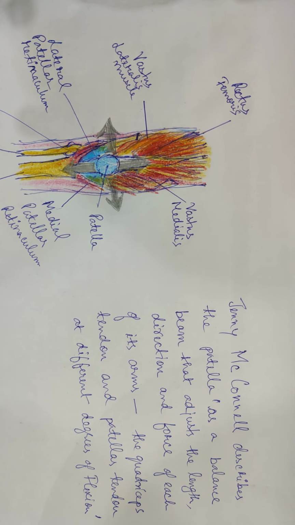Jenny McConnell described the patella as a balance beam that adjusts the length, the direction and force of each of its arms, that is the quadriceps tendon and the patellar tendon, at different degrees of flexion.